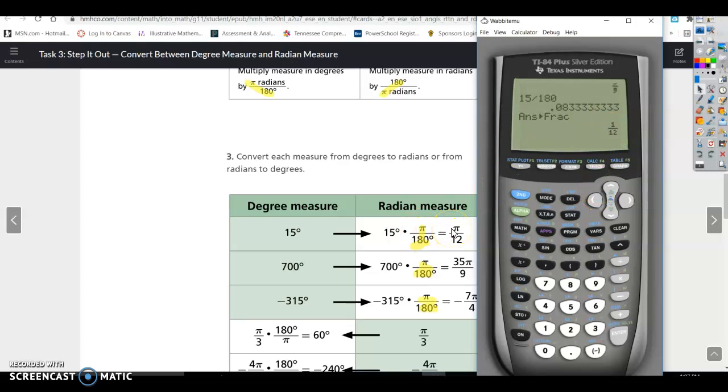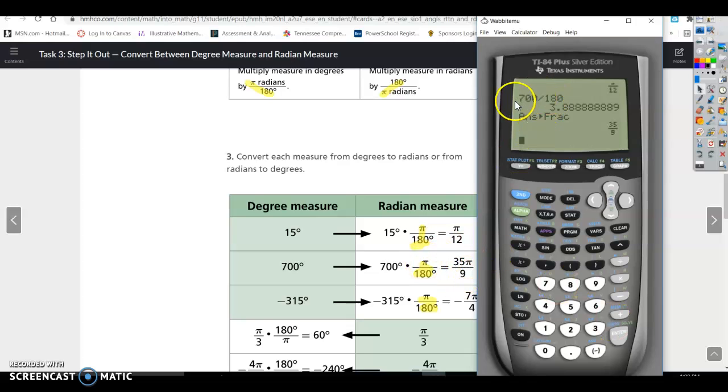So that becomes pi over 12 because you keep the pi. In radian measure, it's in terms of pi. So pi over 12 or 1/12 pi. And same thing here. I would do 700 divided by 180, and I do math and fraction. And it's going to give me the 35 over 9 pi.